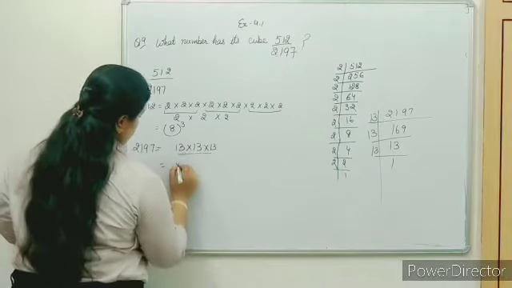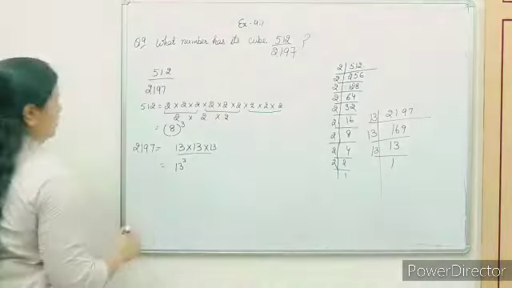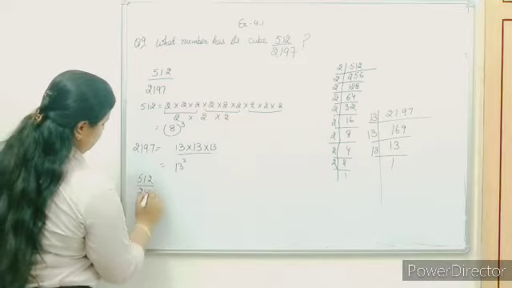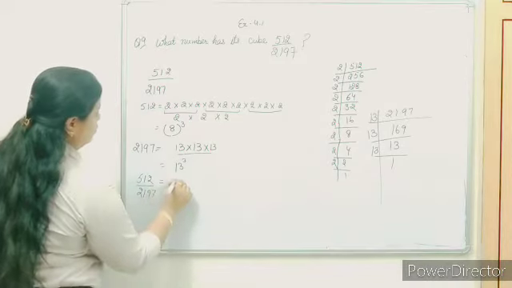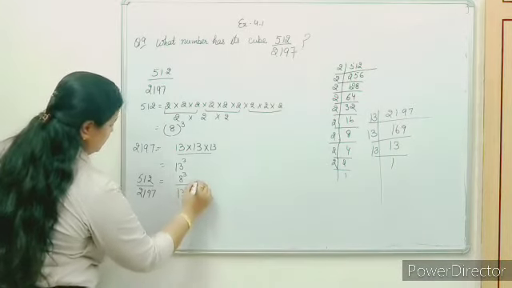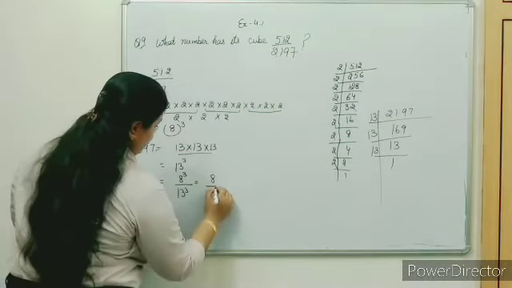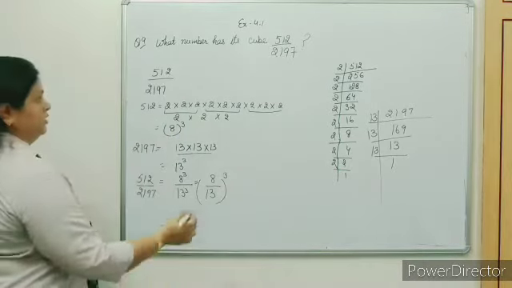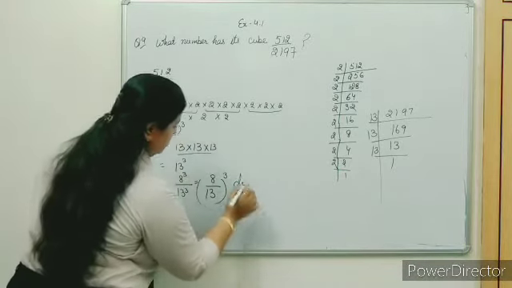It means it is the cube of 13. So 512 by 2197 is the cube of 8 by 13. It can be written as 8 by 13 whole cube. This is your answer. Okay?